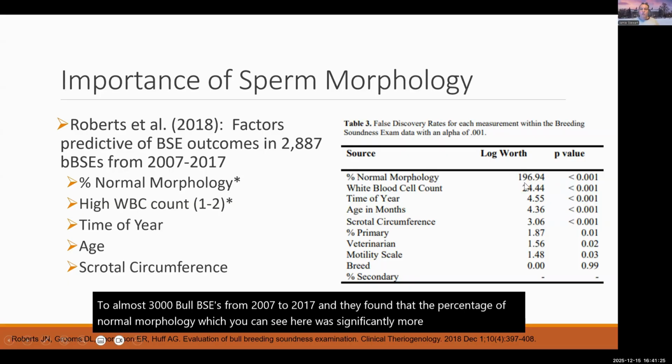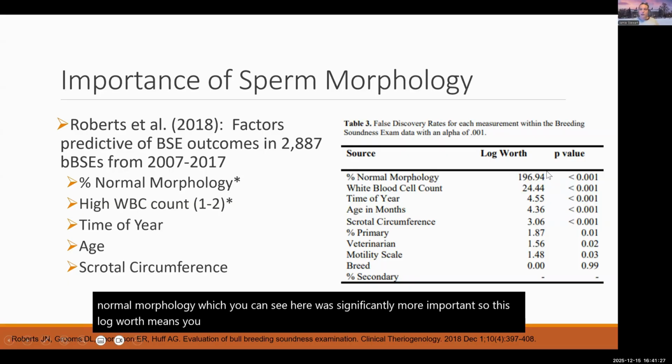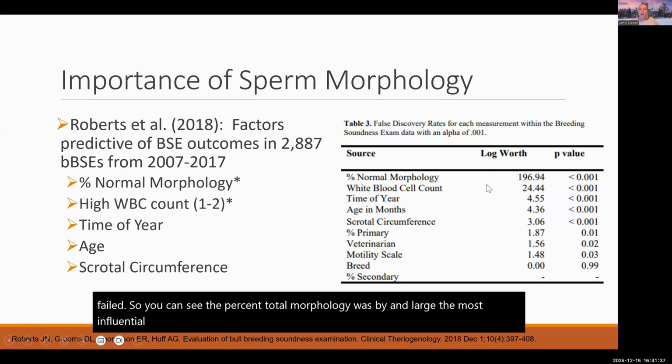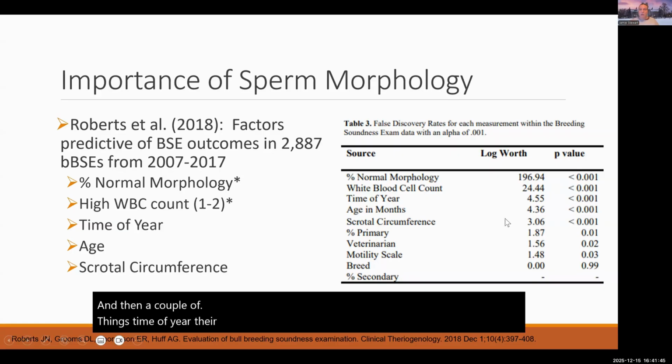So this log worth means the importance of it in whether or not they passed or failed. You can see the percent total morphology was by and large the most influential factor, followed by the white blood cell count, the presence of a high white blood cell count. And then a couple other things, time of year, their age, the circumference, were all fairly important factors.